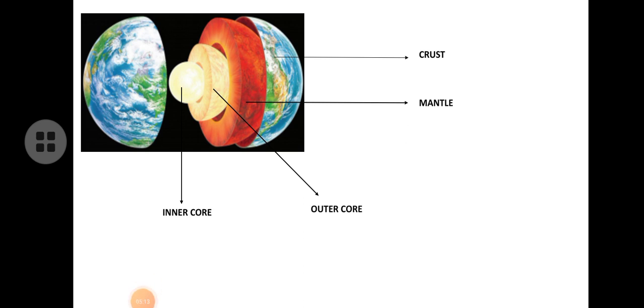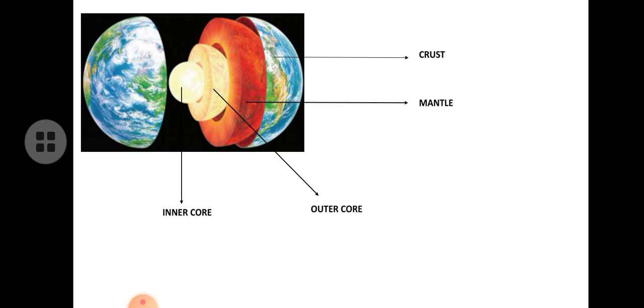In the same manner, our Earth is also made up of different concentric layers, three important layers. When you look at the display image, we can identify those different layers of our Earth.